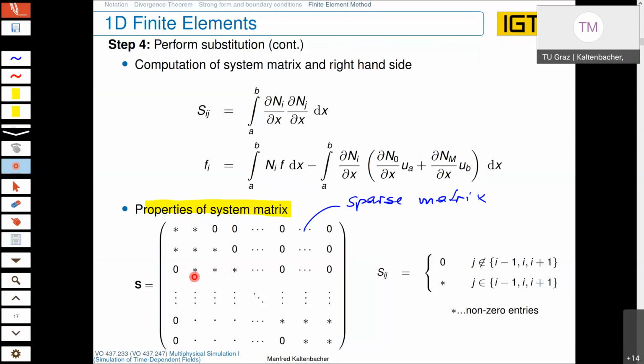One question. Do you think the system matrix is symmetric? So I can show you here. We know that all the entries we have are computed by evaluating such an integral. Do you think it's symmetric or not? So also those who are online, please write it in the chat, or switch on your microphone.